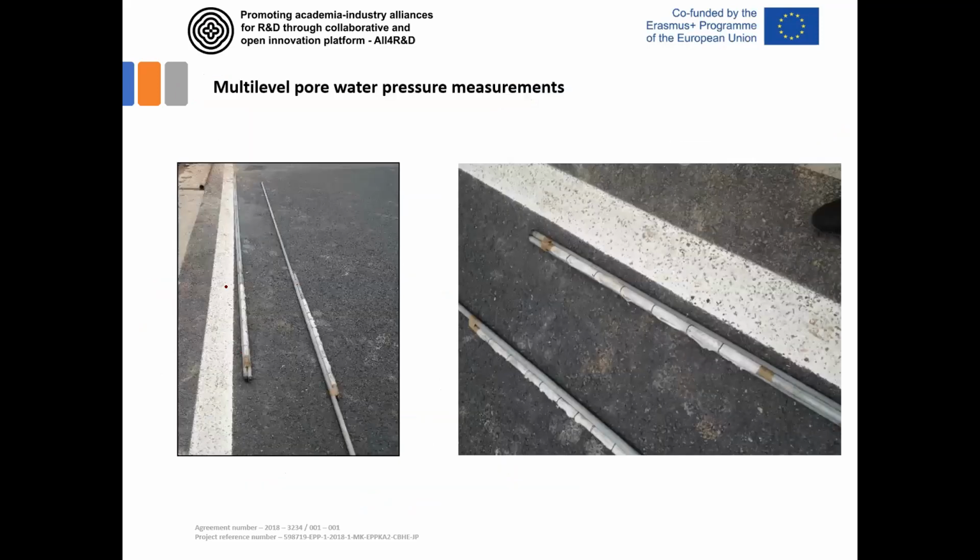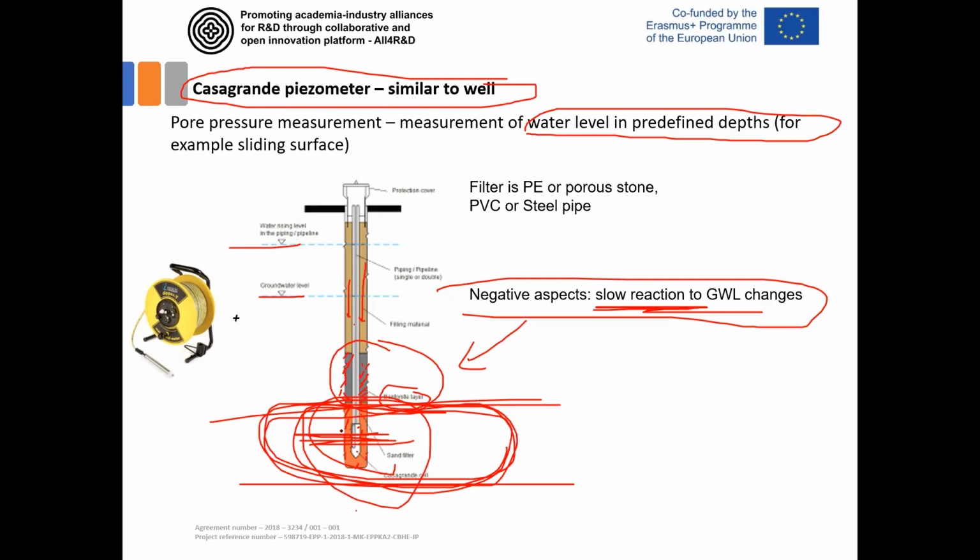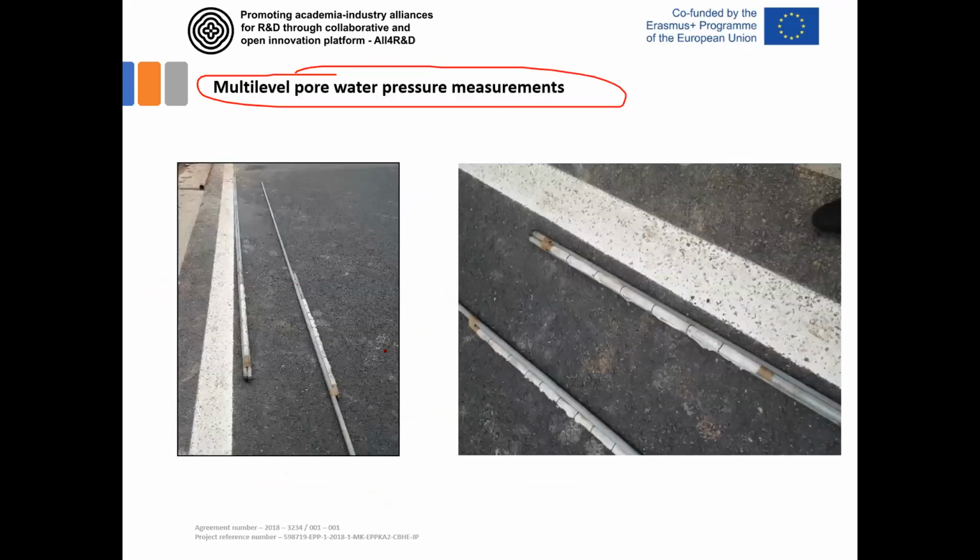The good thing is that these piezometers can be installed in multiple levels. So we can install in one borehole not only one pipe, we can install 2 or 3 or more pipes, like here. We have 1, 2, 3 pipes linked to each other, but each perforated pipe is located at a different depth.